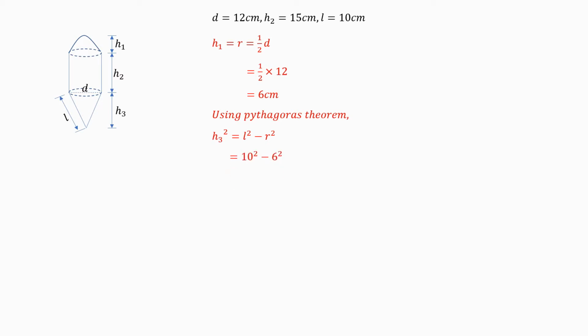We substitute, we have H3 squared is 10 squared minus 6 squared, which is equal to 64. So H3 is the square root of 64, and therefore it is equal to 8 centimeters. So the height of the solid is H1 plus H2 plus H3, which is 6 plus 15 plus 8, and therefore it is 29 centimeters.